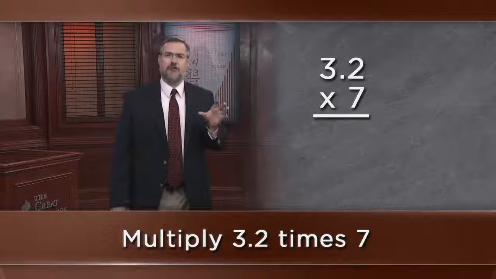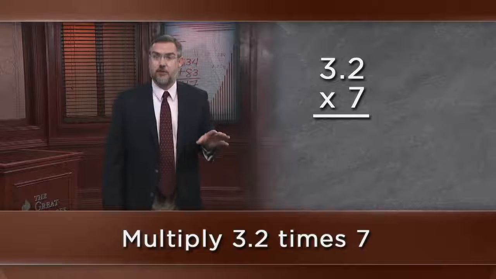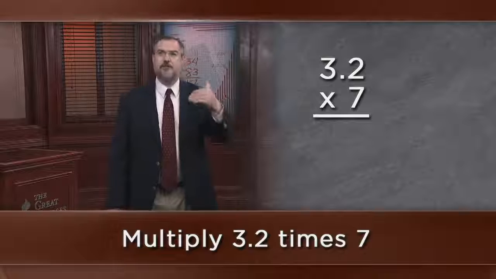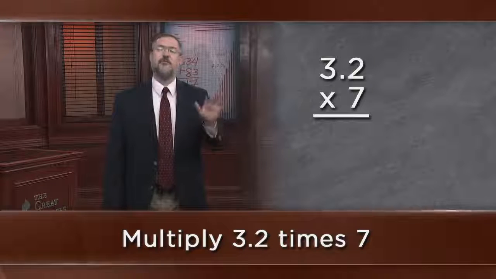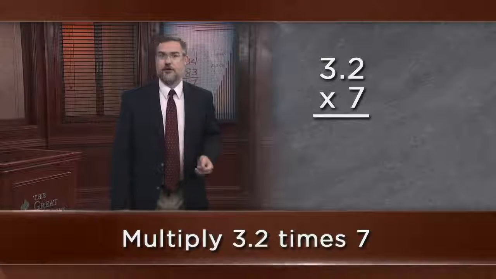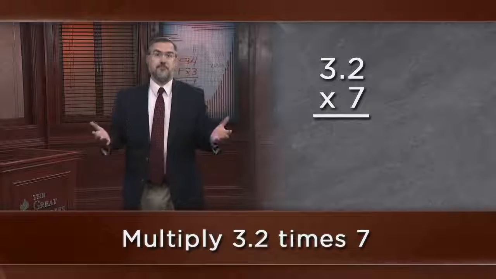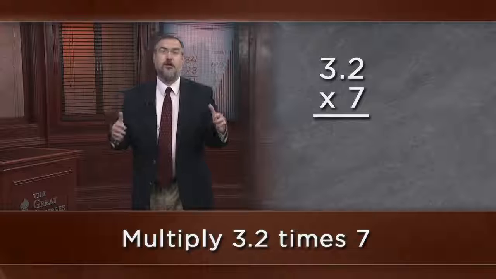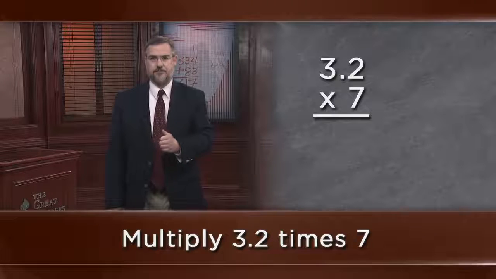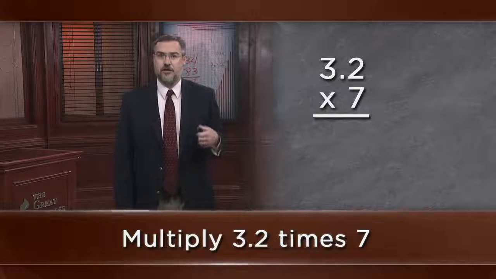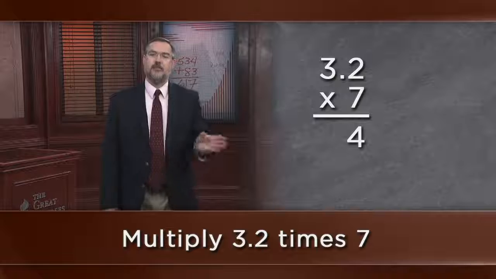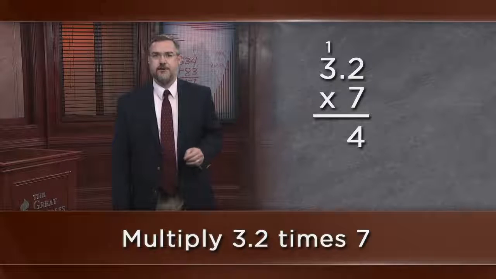Now, I want to actually ignore the decimal point that's in the 3.2. We can't forget about it completely. It will come into play by the end of the problem, but for now, we don't have to do anything with it when we're multiplying. Now, we just multiply as we did when we were multiplying whole numbers, working our way right to left. We know that 2 times 7 equals 14, so we write a 4 under the 7, and we carry a 1 above the 3.